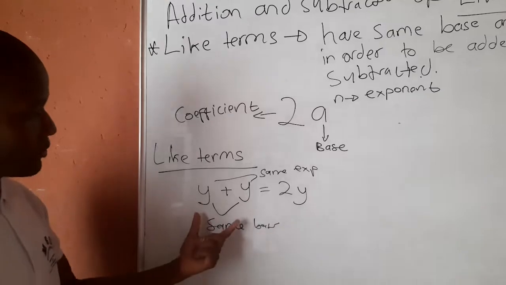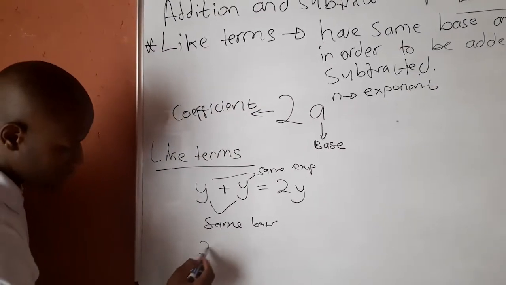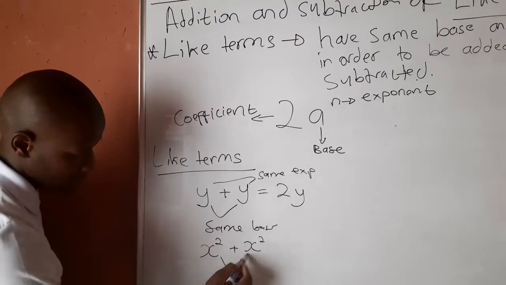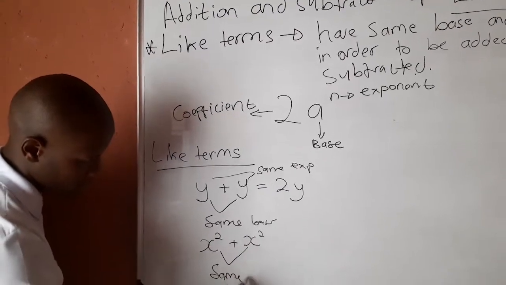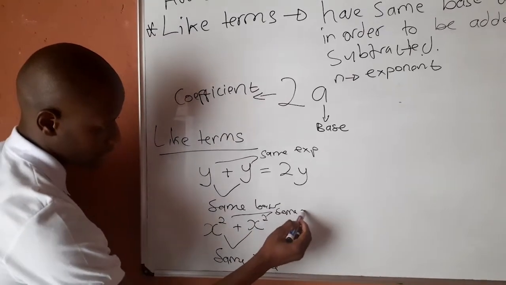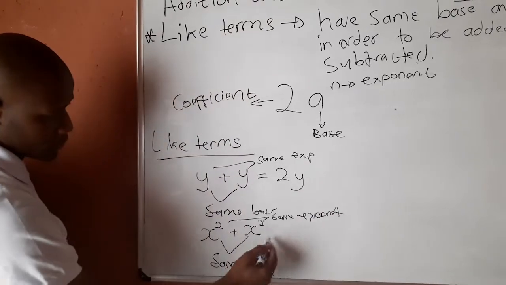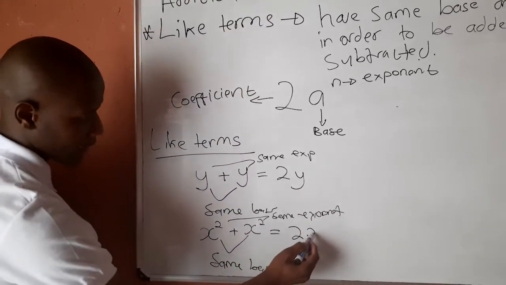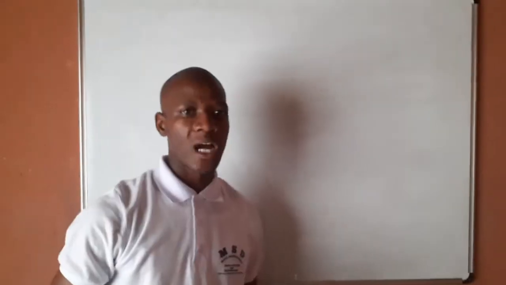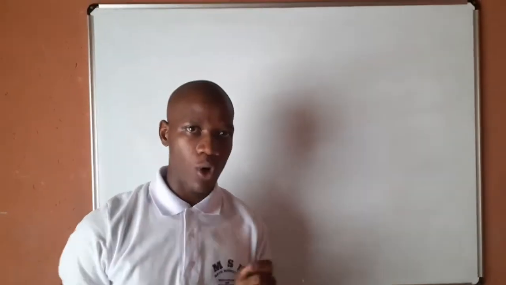Like terms have the same base and the same exponent. x squared plus x squared, we have the same base and same exponent. It means it's going to be 2x squared. So like terms, same base, same exponents in order to be added or subtracted.